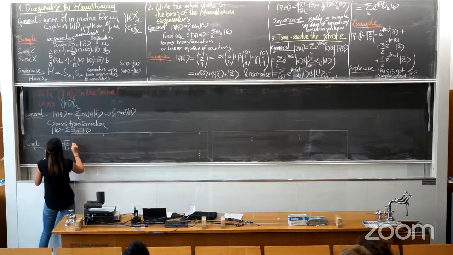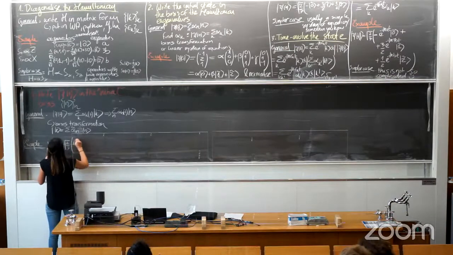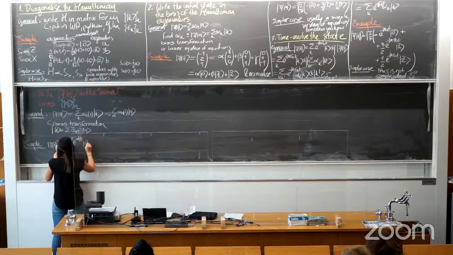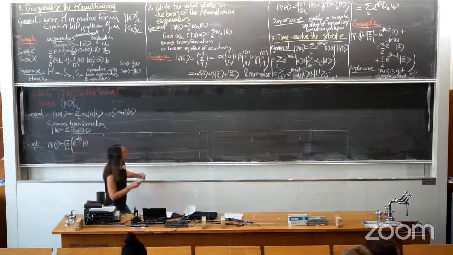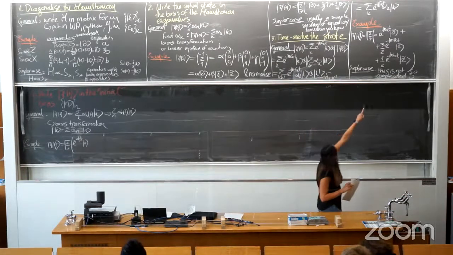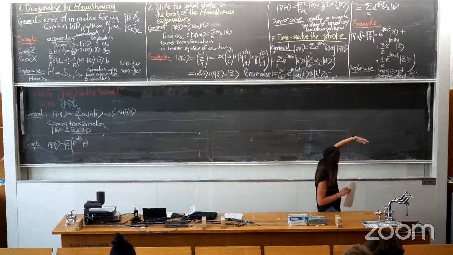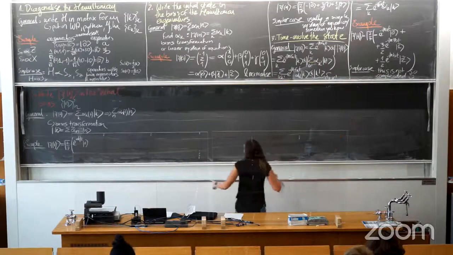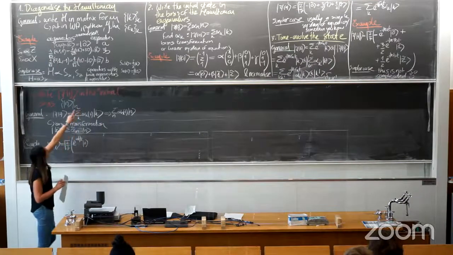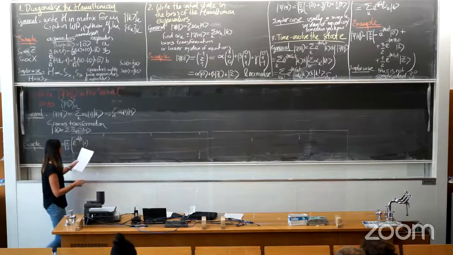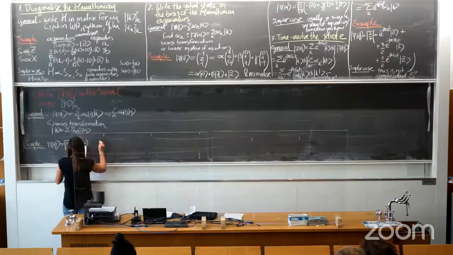So the 0 tilde doesn't change. 0. And then for the 1 tilde, I will have a superposition of 1 plus 2 times 1 over square root of 2. And 2 tilde, I will have here 1 minus 2 with the normalization factor. Is this clear?